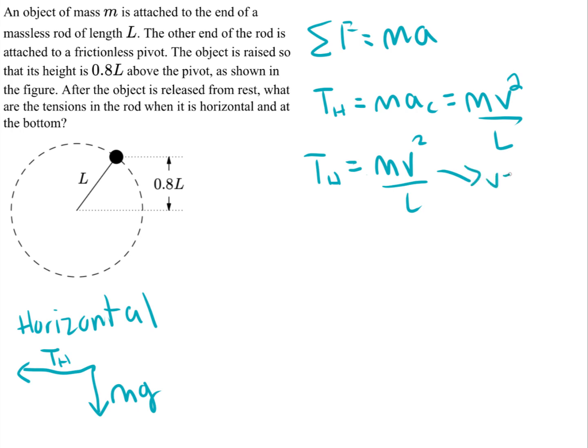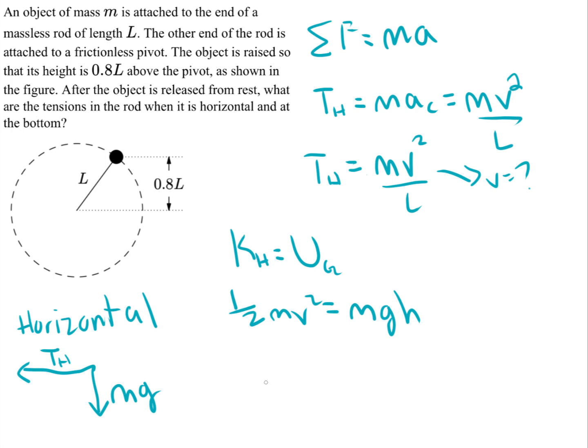But we still don't know what its velocity is at the horizontal position. So we can solve for that using energy conservation. So we know that the kinetic energy at the horizontal is going to be equal to the gravitational potential energy that it once had. And the kinetic energy is given by 1/2 mv squared. And the gravitational potential energy is given by mgh, where h is the height that it was released from. And note that this is only true if you don't lose any energy to sources like friction or air resistance, which get dissipated as heat.